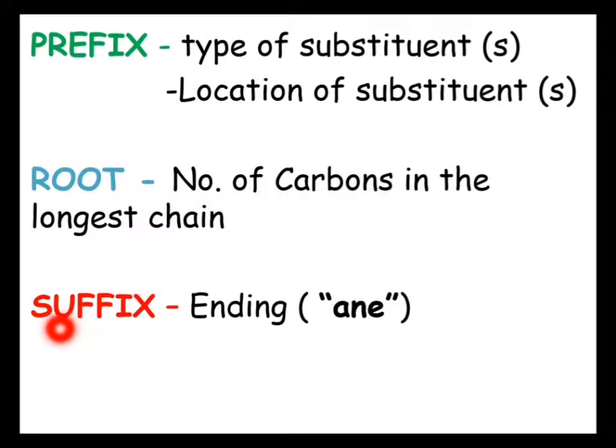And because we are dealing with alkanes, our suffix or ending will be ane. So prefix plus root plus suffix will give us the name for any branched chain alkane.